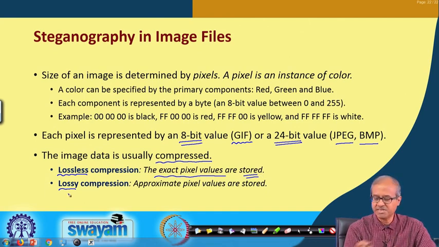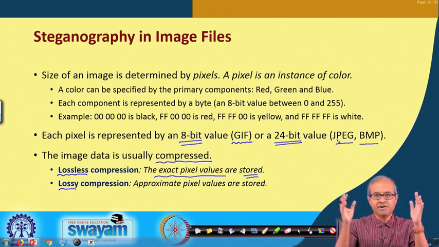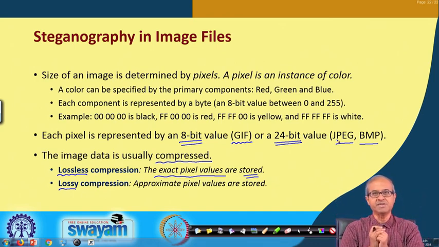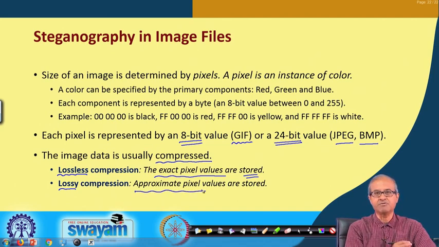But in lossy compression, JPEG is an example, you are trying to reduce the size of your image file and you cannot get back the original. You are reducing the quality of your image in some sense. So, only approximate pixel values are stored. So, you should understand these distinctions.